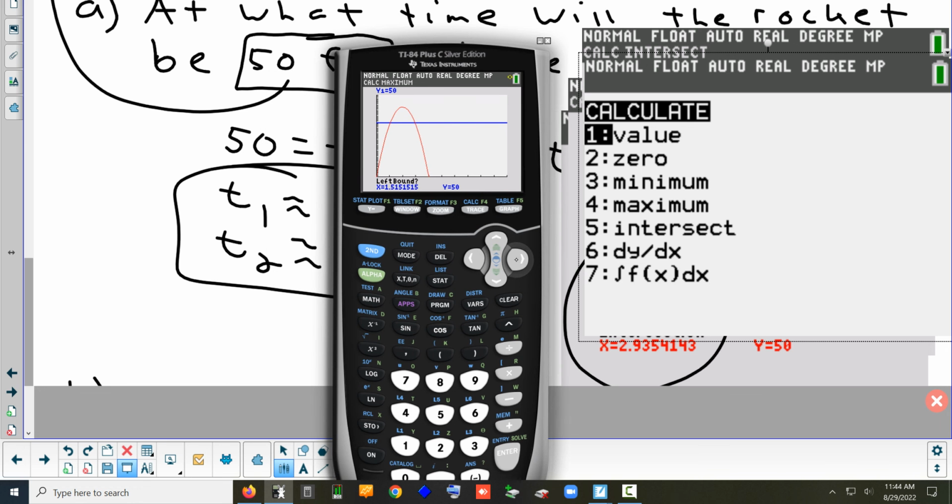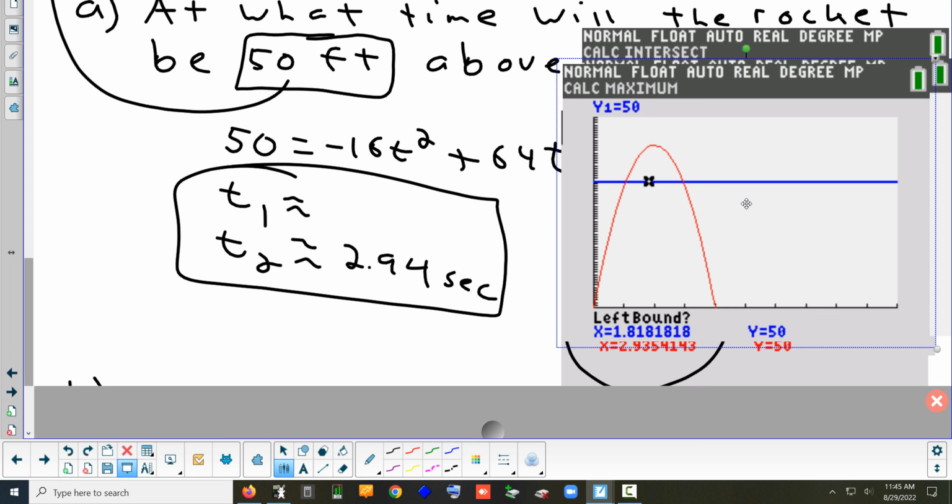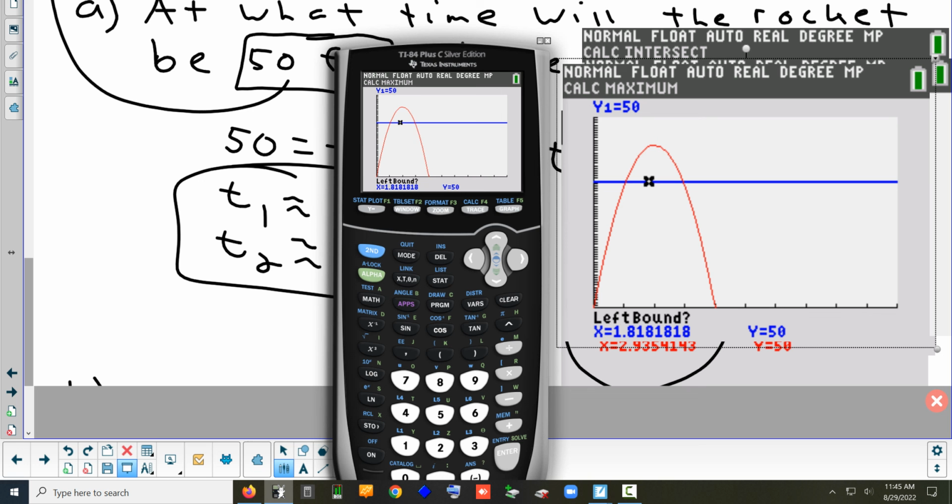And the first thing is, I need to make sure I'm on the right equation. Right now, it's trying to find the maximum of the blue graph. That's not the equation I want to be on. So either delete the blue one if it's confusing, go to y equals and get rid of it, or just press the up arrow, and now you're on the red one. Nice. First thing it asks me for is left bound.